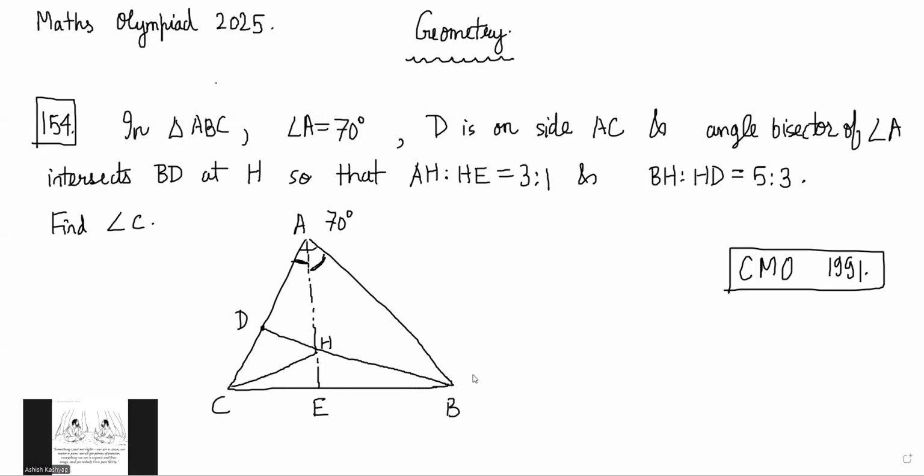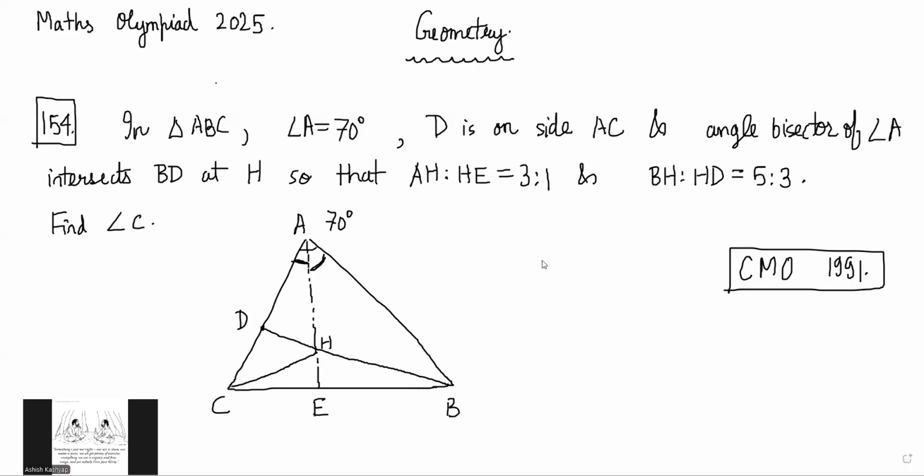In triangle ADB, AH is the angle bisector, so we can relate AD and AB in the same ratio. Okay, so that is one important piece of information.